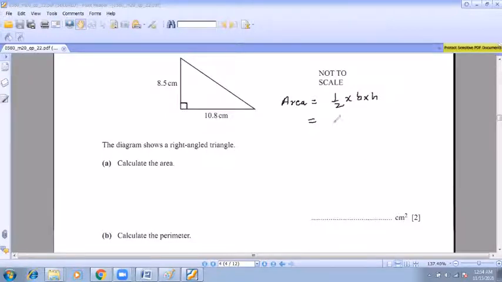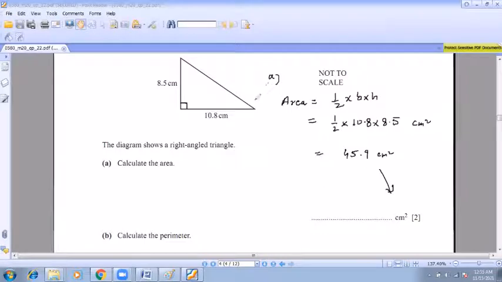So 1 over 2 multiply 10.8 multiply 8.5, and it is area, so centimeter square. After simplification, 10.8 multiply 8.5 divide by 2, we'll get 45.9 centimeters square. This is the answer of the first part, part A.